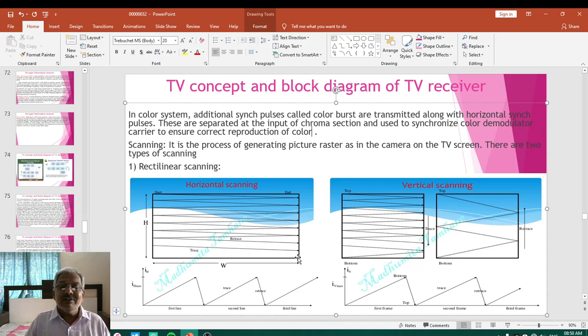The scanning of the beam began from the left of the top of the screen, and it now reaches the right of the bottom of the screen. When the spot moves from the top left of the screen to the bottom right, one vertical scan is completed.